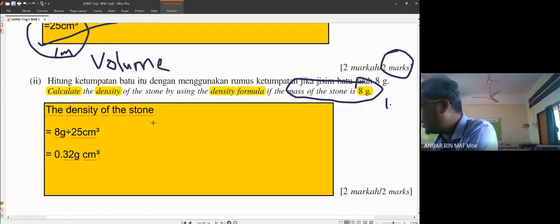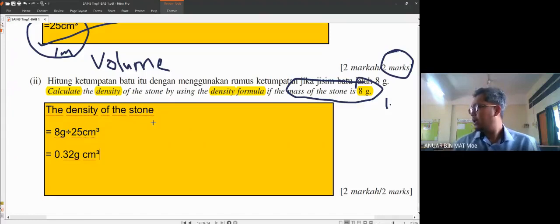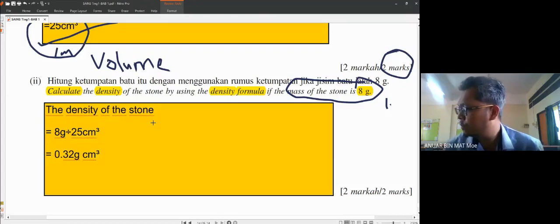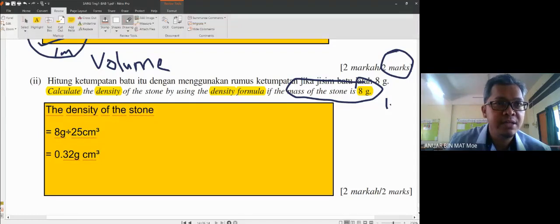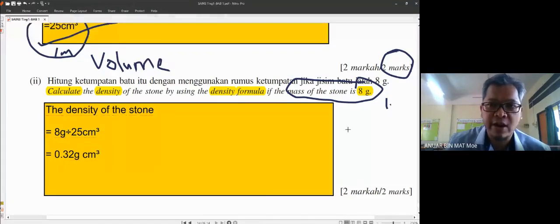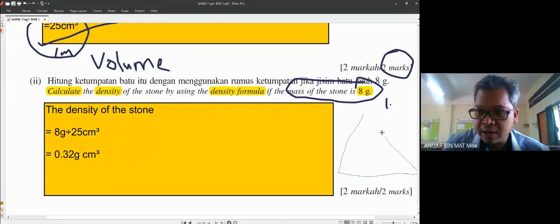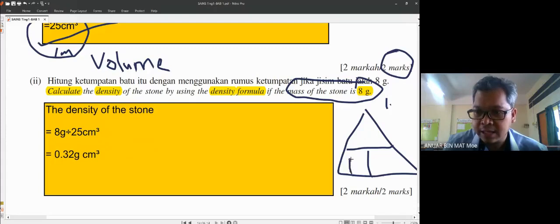First, you need to identify and remember the formula. The formula of density is mass over volume. If you remember the triangle of the formula, this is density, this is mass, and this is volume.